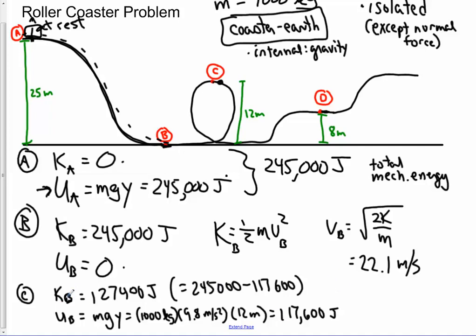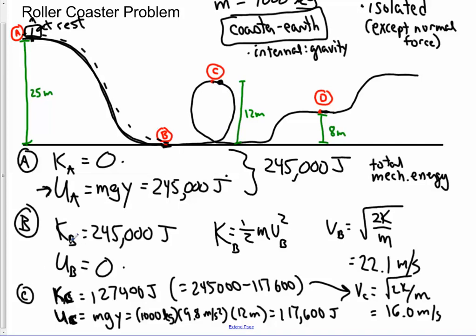And I'm sorry, these should all be C's, right? KC and UC. Then I can figure out how fast it's going. Now that I have the K, when I put that in, I get 16.0 meters per second. So that's how fast it's going at the top here. It has to be.